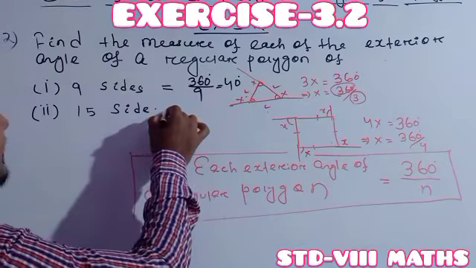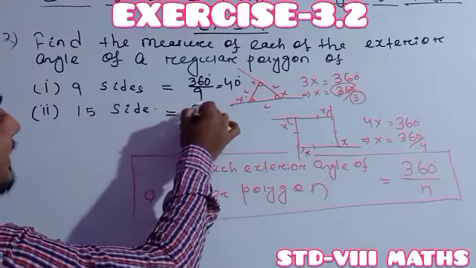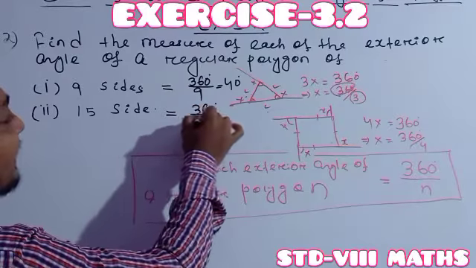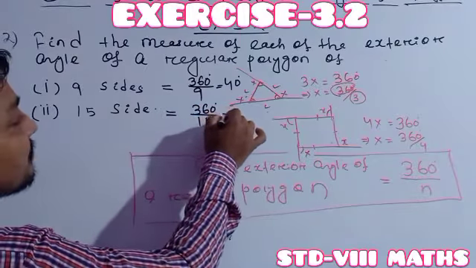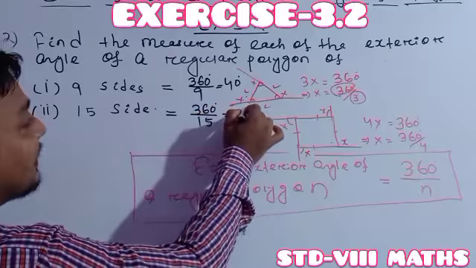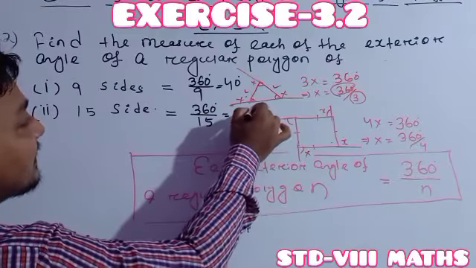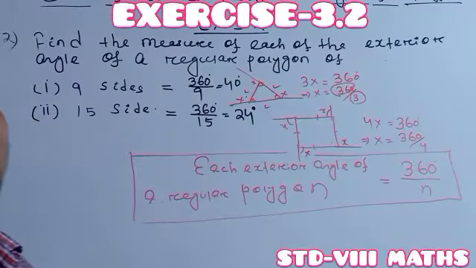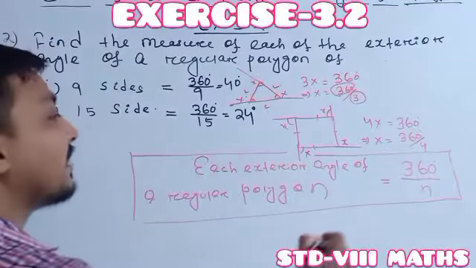Next one: each exterior angle, by the formula, is 360 degrees divided by 15, which is equal to 24 degrees. Ready? So here is one extra formula.